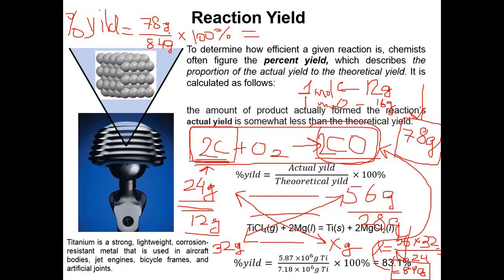Divide 78 by 84. 0.92. And then multiply it by 100%. It's going to be 92%. So that's the percent yield of the production of carbon monoxide, okay?